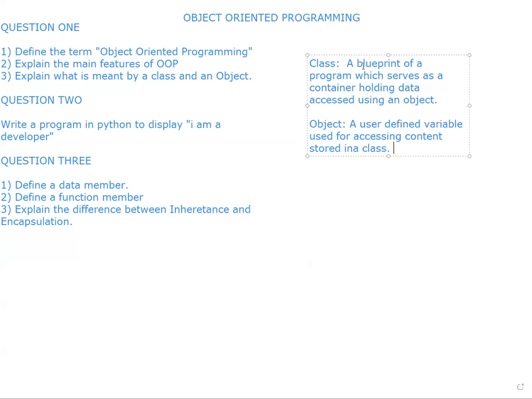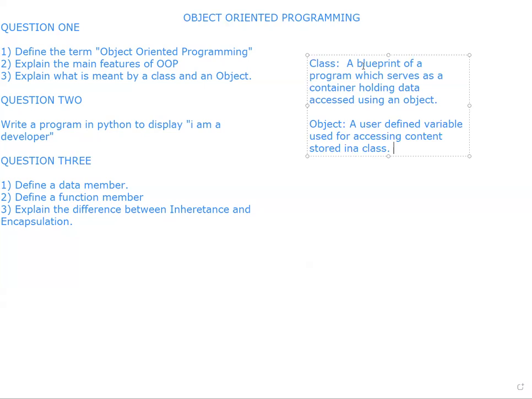I'll give an example of an actual classroom. It is a room that is built using bricks and ceilings and doors, right? In that classroom, you find students, educational material, different things. That is the data we're talking about. So the class itself is a room.